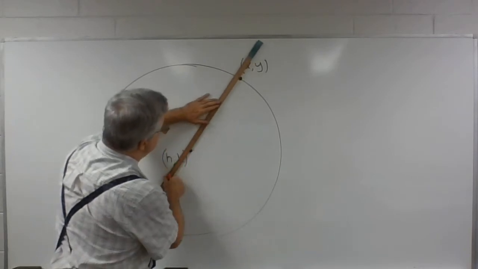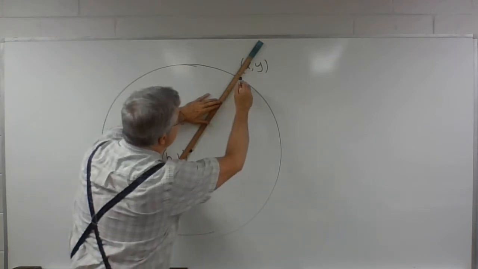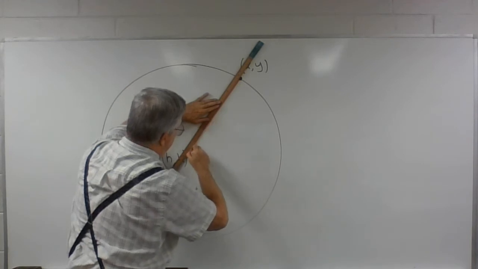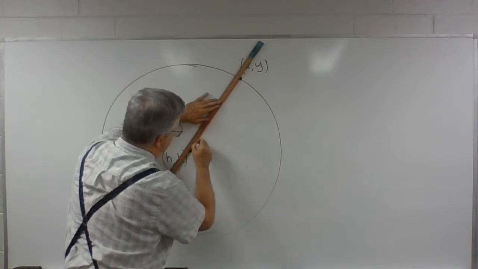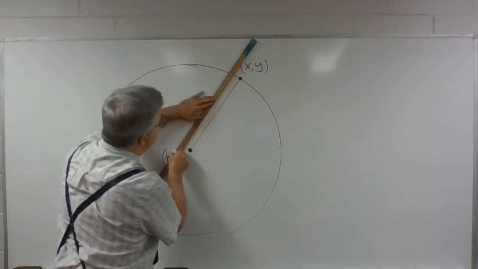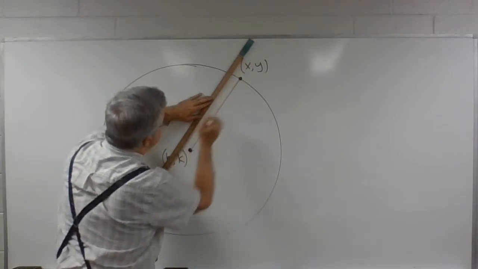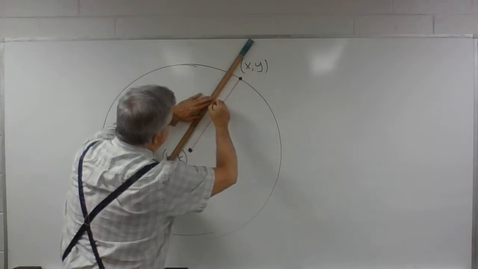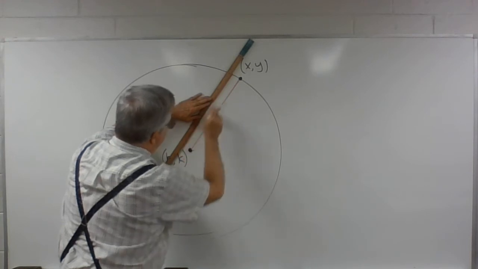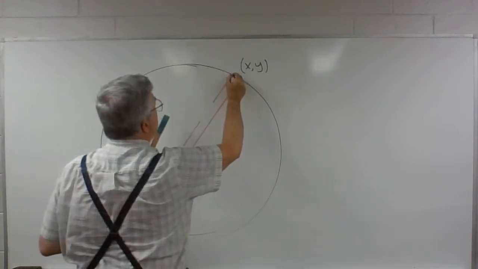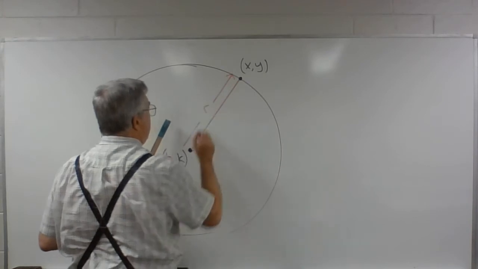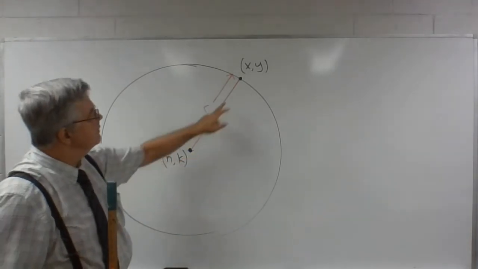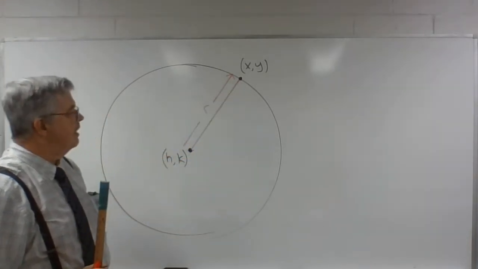So let me draw the radius. The distance from the center to the circumference of the circle is r units.